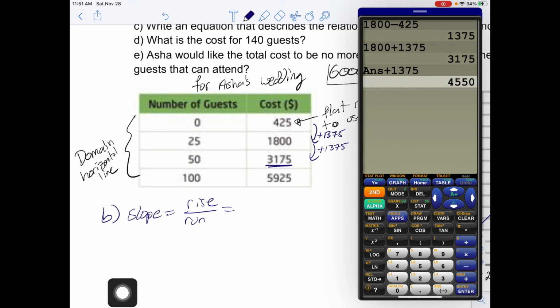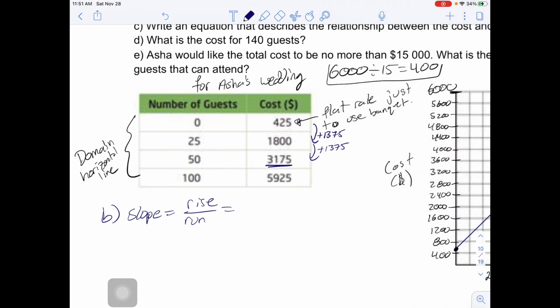And you can easily see that our domain is going up by plus 25. So our rise, remember this is our y coordinates, are going up by 1,375. Our run is going up by 25.